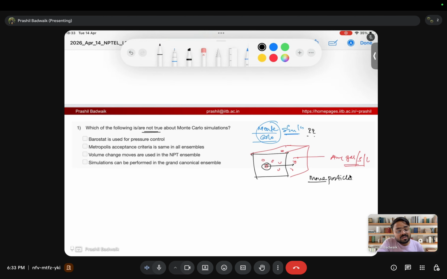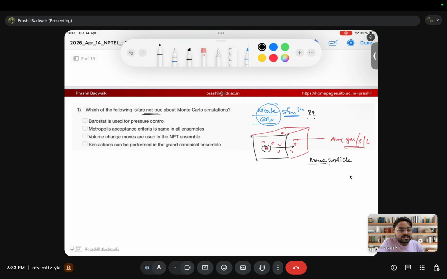Before moving the particle, I know the interaction energy potential between particles, for example U_LJ equals 4 epsilon, with the 12 and 6 powers.